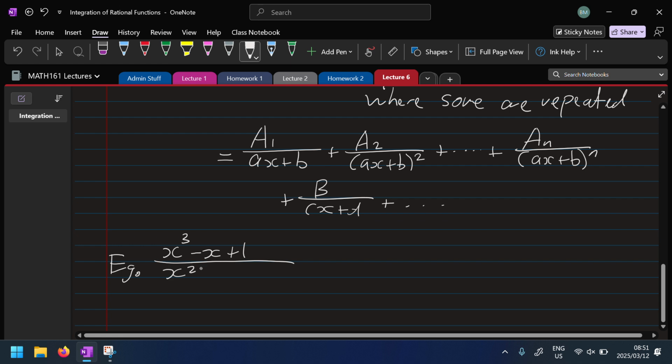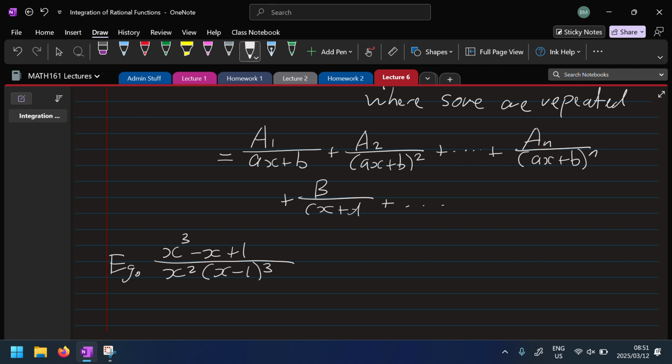So this is going to be divided by x squared times (x minus 1) cubed. Okay, so let's see how many repetitions we have. Here we have x, it's repeated twice. Here we have x minus 1, it's repeated 3 times. So for this one, we're going to have 2 terms. For this one, we're going to have 3 terms.